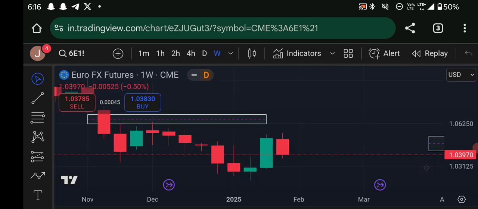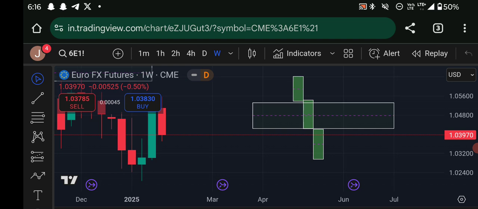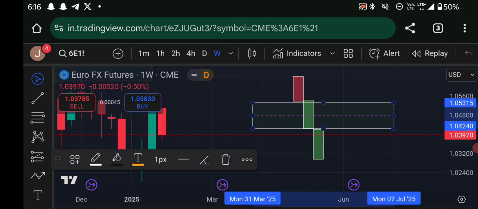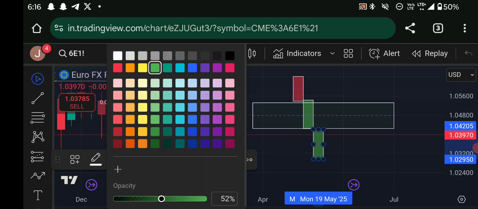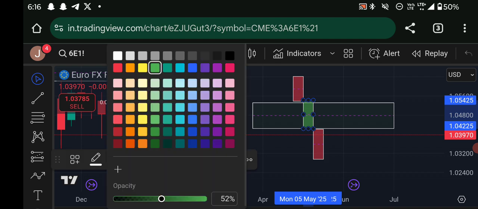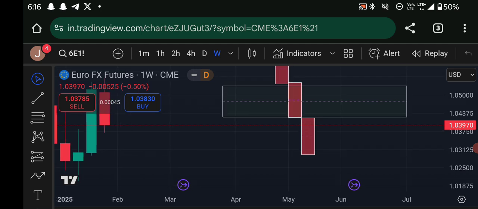So what exactly happens is, we can see that there is a three bar candle here. This is a bearish fair value gap. We can see that here, where the first candle's wick does not overlap with the third candle's.